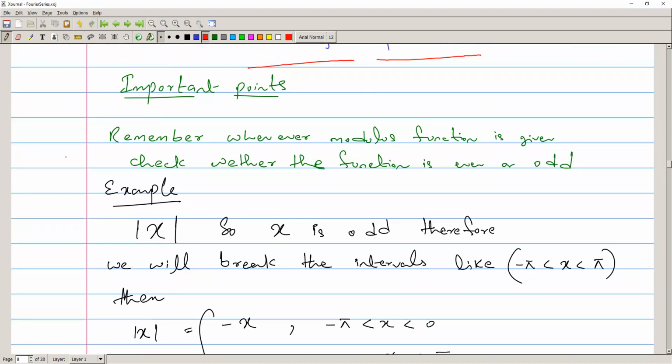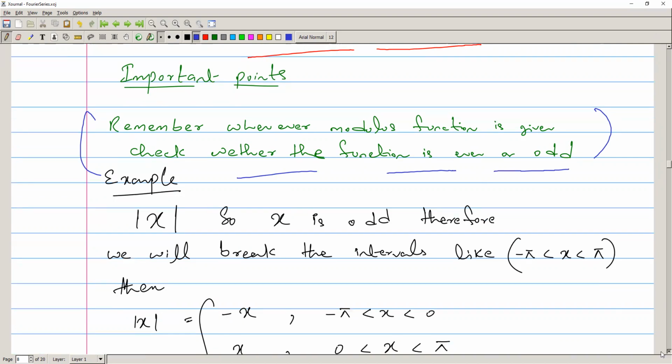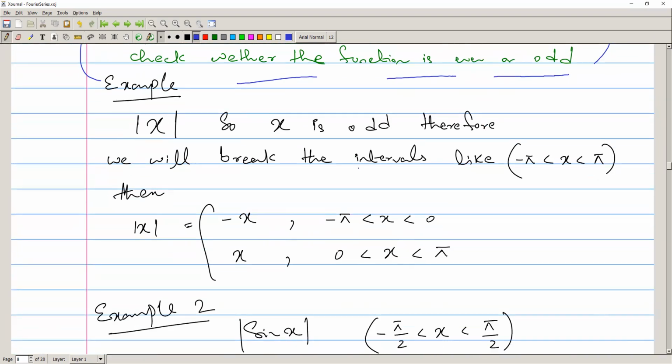So important points are, as we discussed above, that whenever a modulus function is given, check whether the function is even or odd, right? If it's odd, you have to break the interval. If it's even, it's fine, you can integrate it as it is, we don't need to break the interval. So x is odd, therefore we will break the interval like this, right?